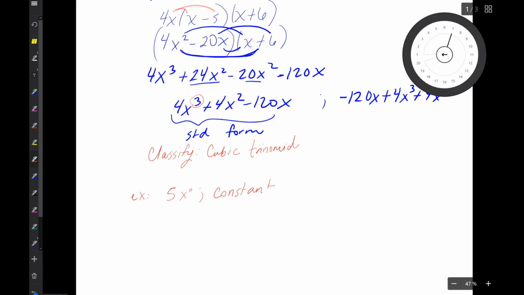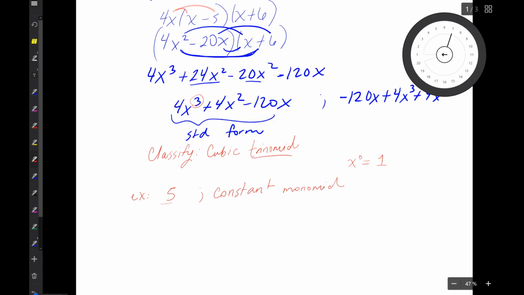What's any number to the 0 power equal to? 1. So that would be maybe something to put on your note card: anything to the 0 power is equal to 1. So if you have x to the 0, that's why I could add in an x to the 0, because it's the same as 5 times 1. So that's a constant, and then what would the last name be? This one's last name was trinomial because it had 3 terms. This one has 1 term. Monomial, good. So that's a constant monomial.